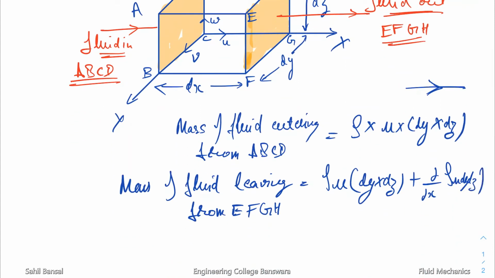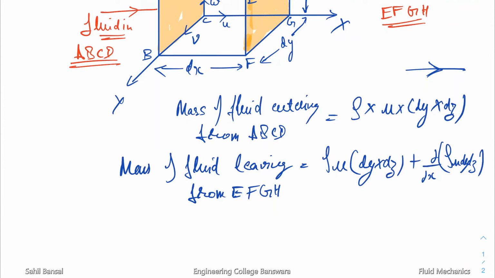What does it mean? What will be the mass that leaves the system? The mass that entered the system plus the rate of change of that mass inside the small fluid element that I have considered, in the x direction. The mass that has entered plus that change will be the mass that leaves the system.